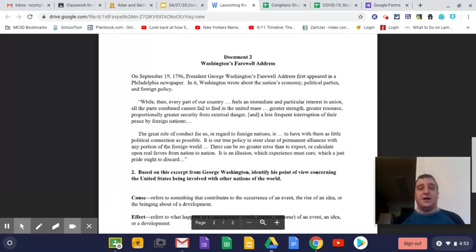So he's really trying to make that argument. That is his point of view. That is his opinion. When we say point of view, that's generally what we mean, their opinion on the United States being involved with other nations of the world. He has a very negative opinion of it. He does not want the United States to really be involved with other nations.